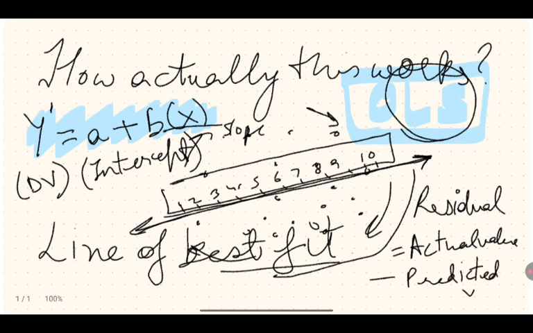So this line of best fit tries to minimize the errors, minimize the residuals, so that the prediction becomes more accurate. Now let us see through an example how this works, through manual calculation of slope, intercept and regression equation. Stay tuned and keep learning.